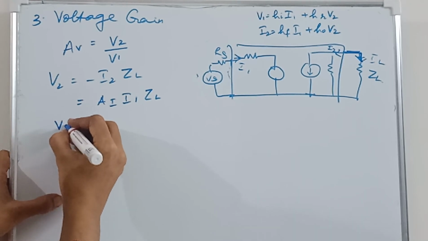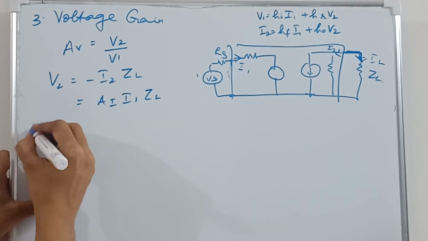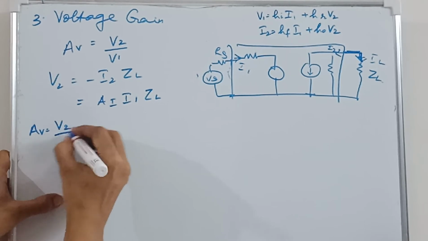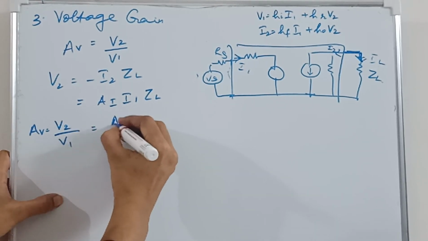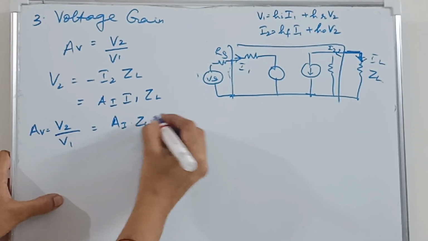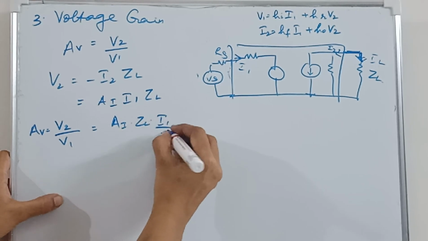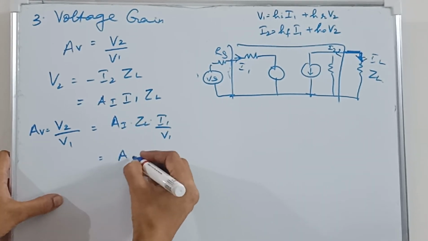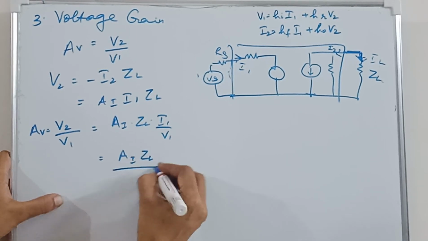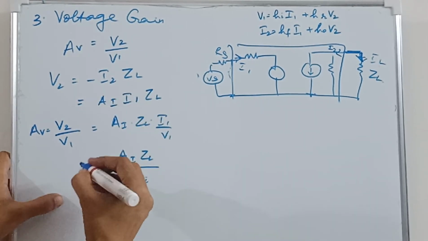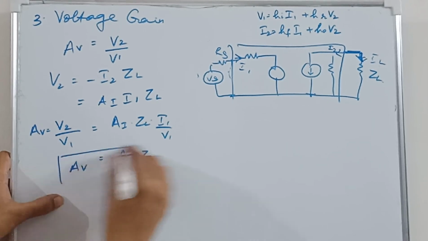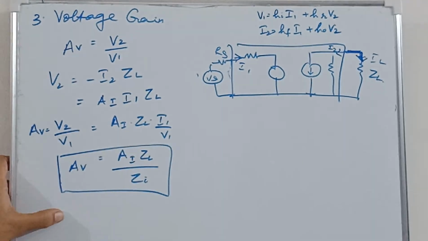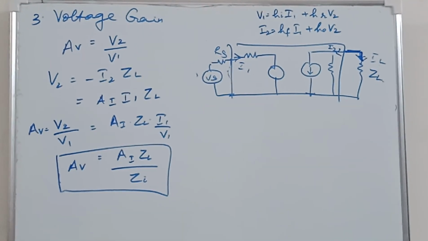So V2 by V1 will be AI into ZL into I1 by V1. I1 by V1 is 1 by Zi. So your voltage gain is current gain into load impedance by input impedance.